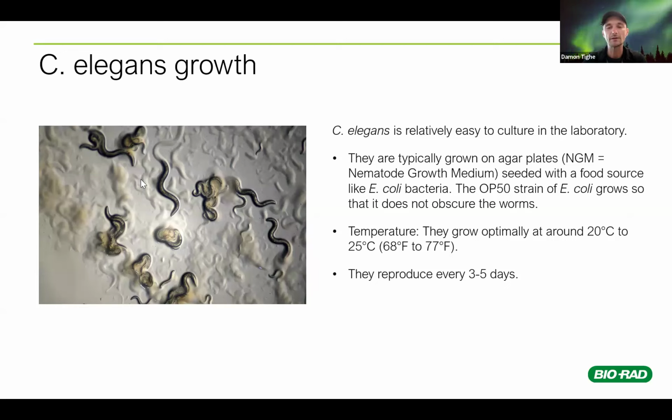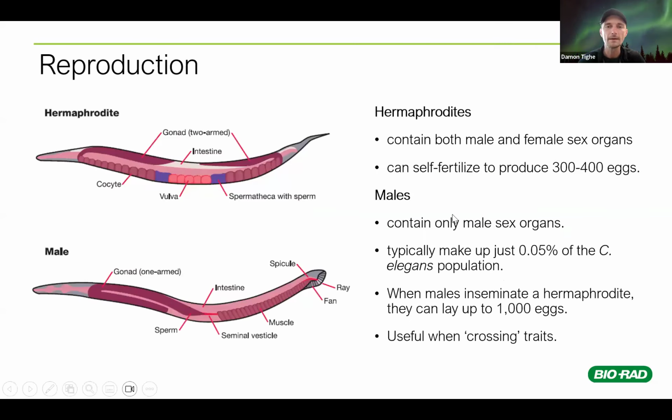And then once they've crowded it out, they start to decline. One thing to consider there is that they don't like warm temperatures, so 20 to 25 C is probably the best for them. And as far as reproduction goes, they reproduce about every 3 to 5 days.